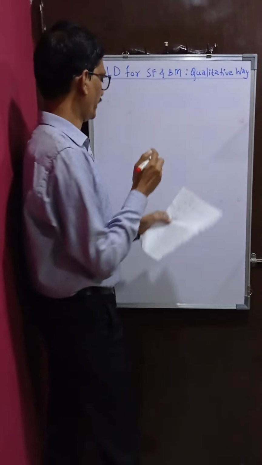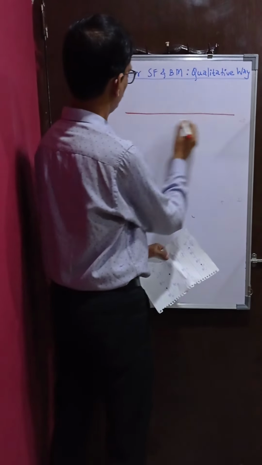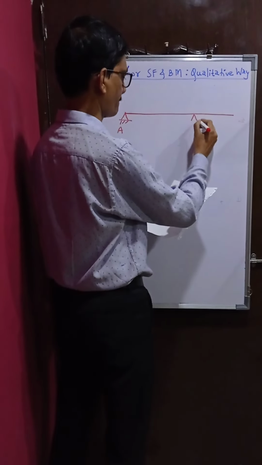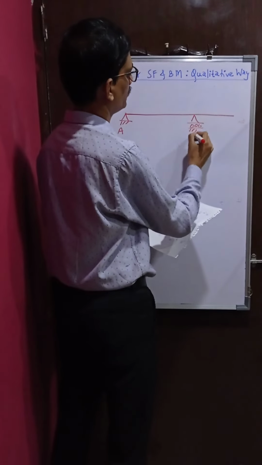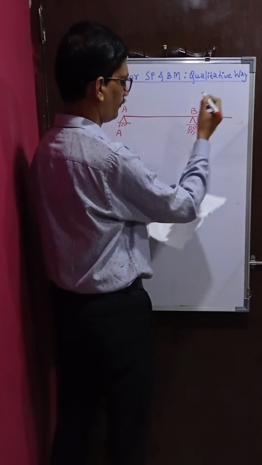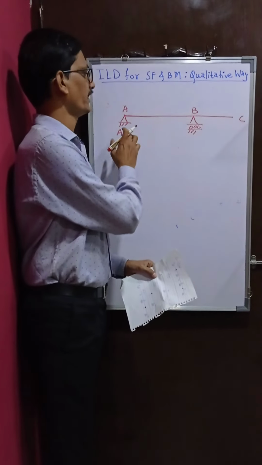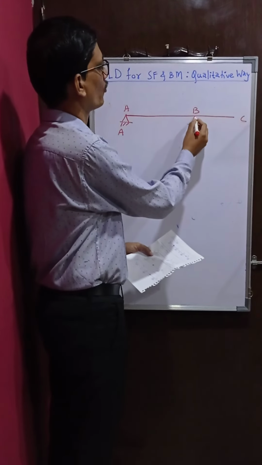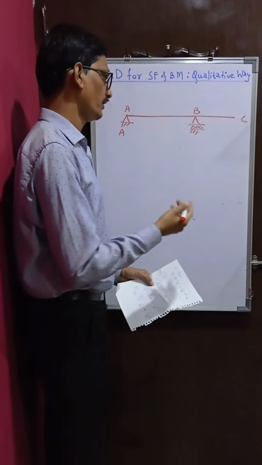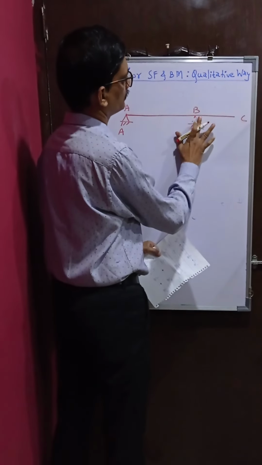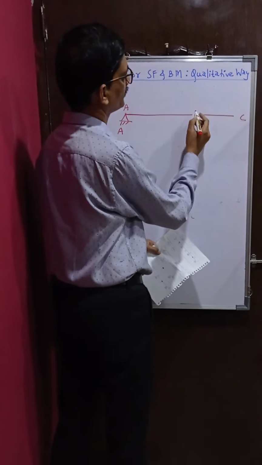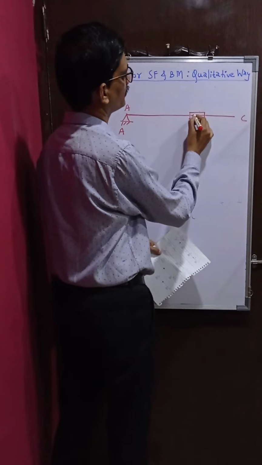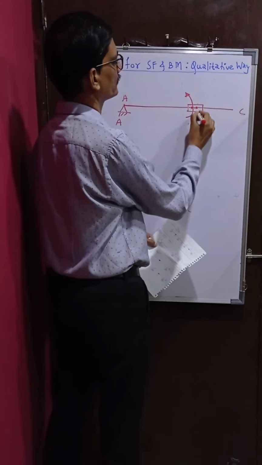Now let me take one beam. A, B and C. It's a hinge and roller support here, and I want to draw influence line diagram for bending moment at B. So here in bending moment, what they do is at this place you introduce one internal hinge wherever I want bending moment, and you give rotations like this.